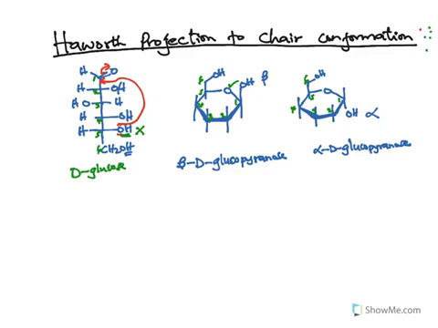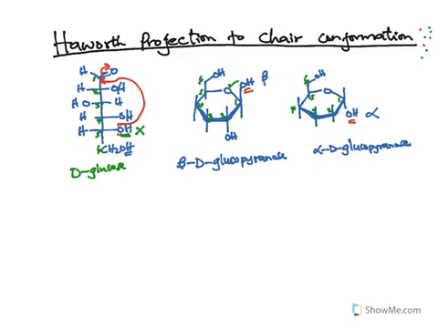So let us start from carbon number 2. We have already determined that for carbon number 1, the OH could be either up or it could be down. Now, going to carbon number 2, the OH is on the right. Whenever you have OH on the right, it's going to be down. So for number 2, OH is down. For number 3, OH is on the left.